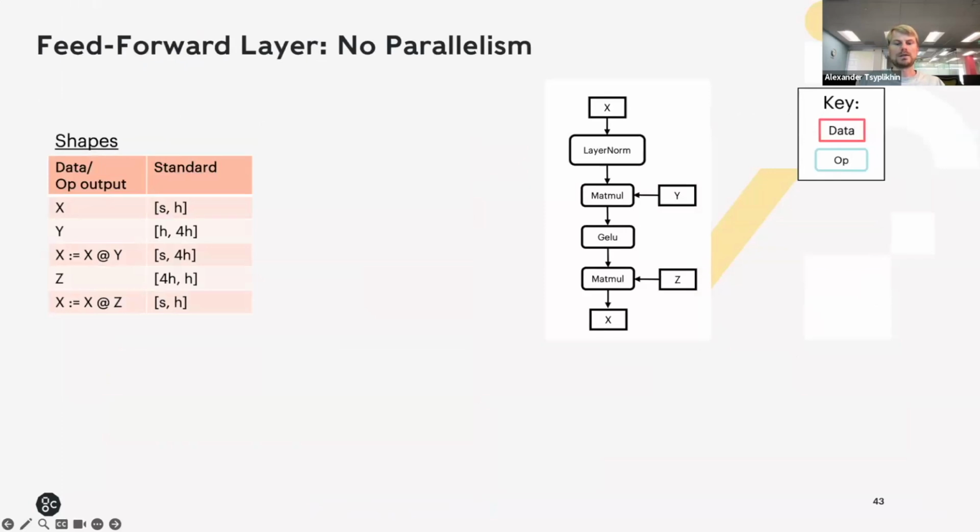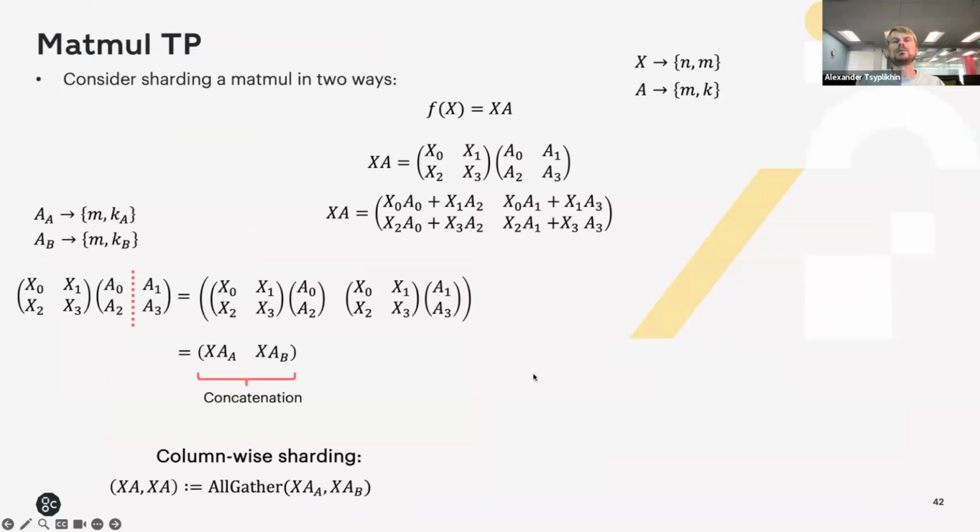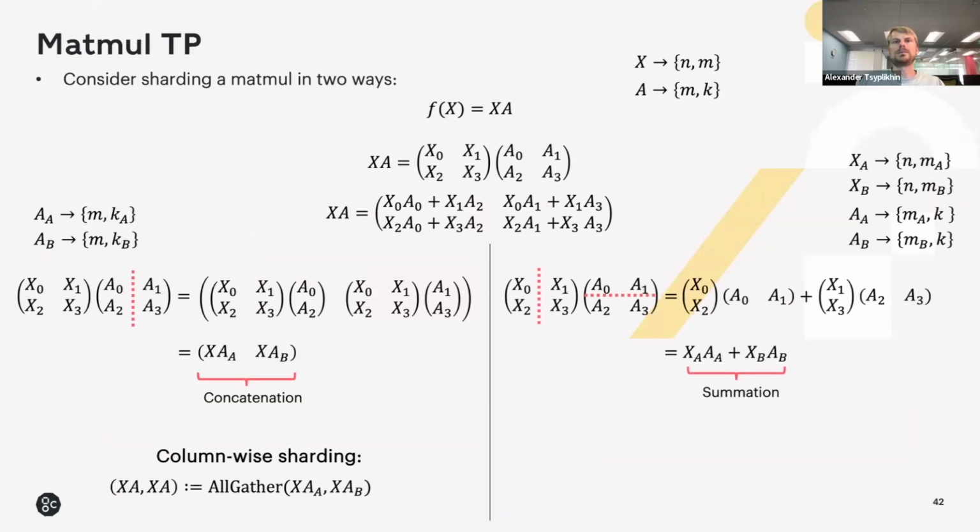I wanted to get back to this slide here. The first portion of the feed-forward set of layers in the transformer will be producing this set of tensors and then applying the GLU independently to each segment of this matrix. And then the second matmul will be producing partials as in this expression here.